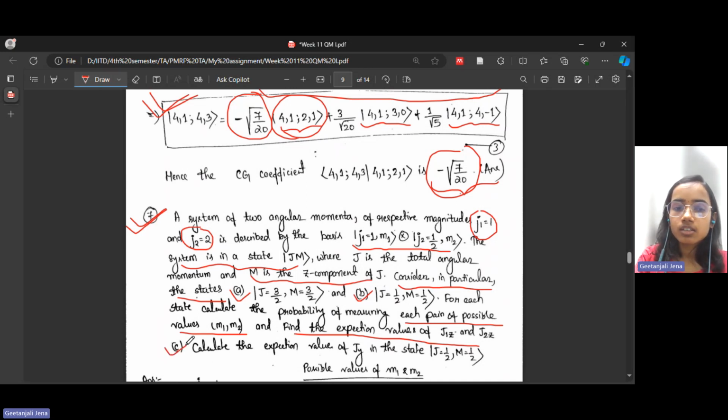And part C asks to calculate the expectation value of Jy in the state J equal to 1/2 and M equal to 1/2. So this is the problem.